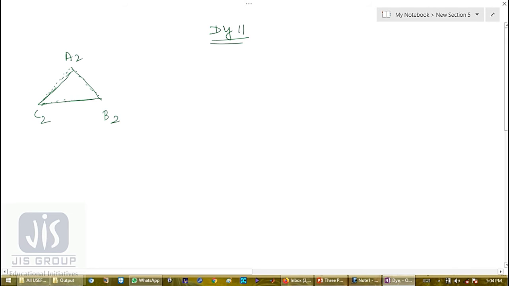Okay, and inside this is my equivalent star connection. Okay, so this is my A2C2, this is my A2B2 line to line voltage, and this is my B2C2, and VA2N is my line to neutral voltage. So let me draw the winding diagram first.